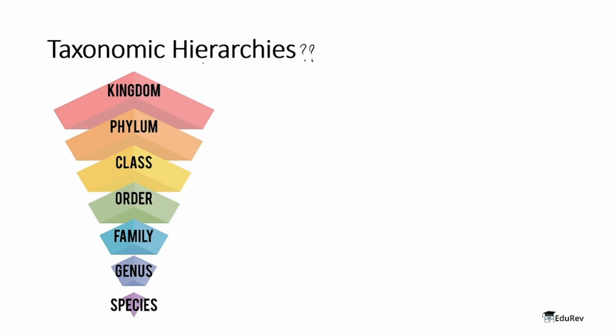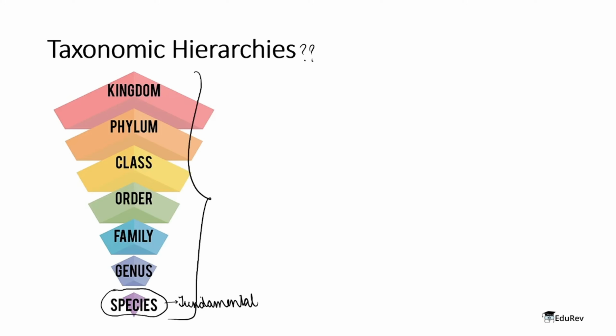So what happened was that for our convenience we made a classification. So we humans thought that it would be easy for us to classify organisms if we have a certain stage. For instance, in this proper taxonomical hierarchy, species is the most fundamental unit or the basic unit which actually exists in this world.